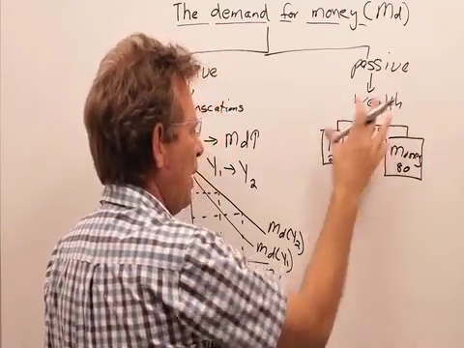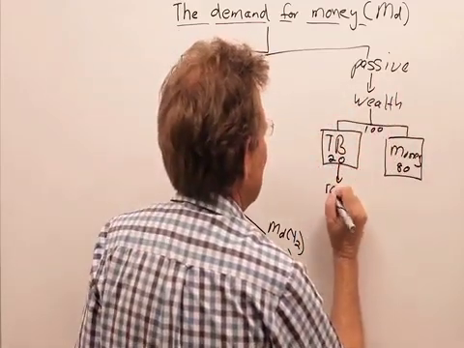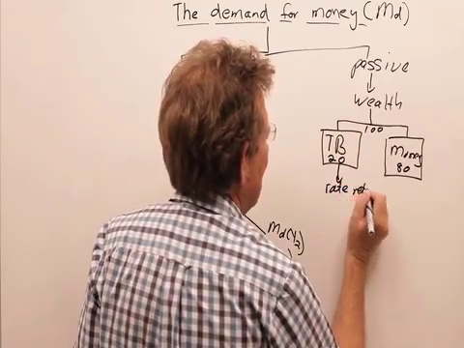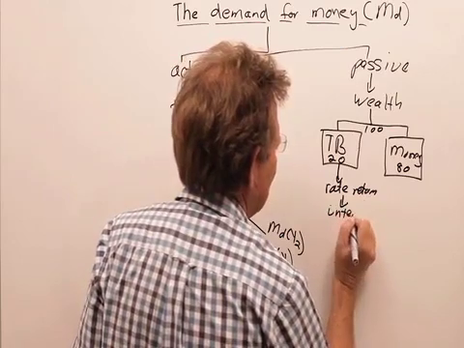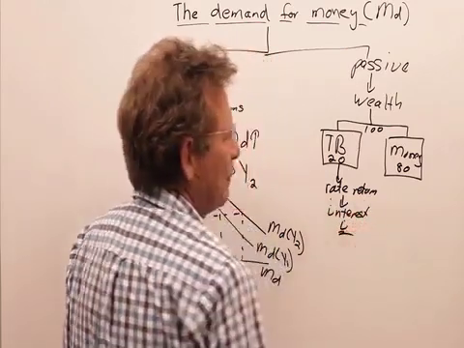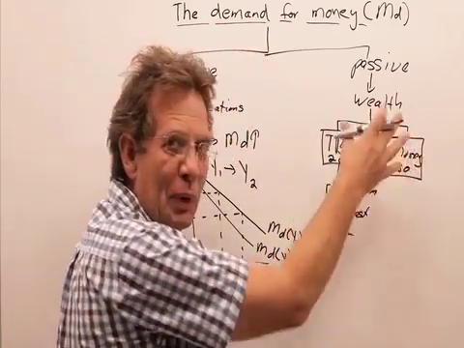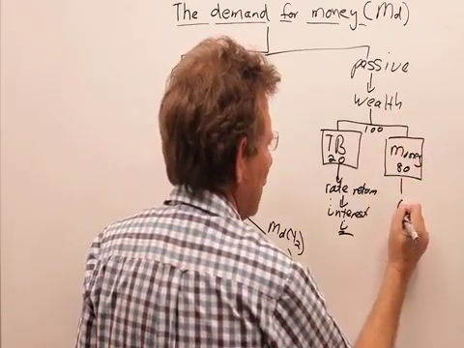Now, why keep wealth in treasury bills? The reason is it pays a rate of return, which in this model is referred to as the interest rate. Now, if you keep your wealth in money, what you have in money earns no rate of return.